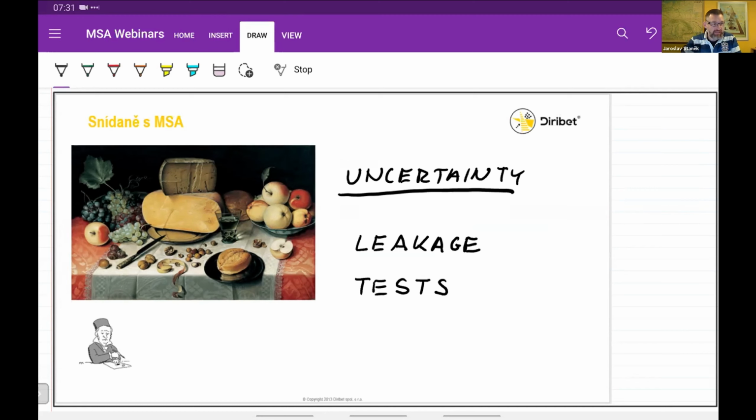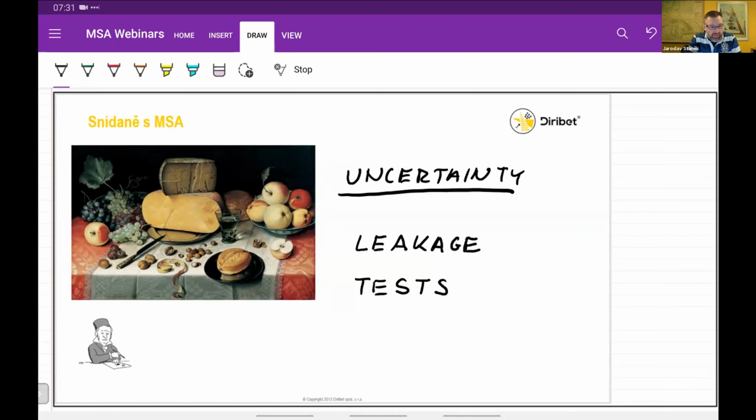Today's topic is leakage tests and specifically uncertainty leakage tests. We have made this presentation to show a typical example which is being exercised in many of the tests. Of course, leakage is a very wide topic.